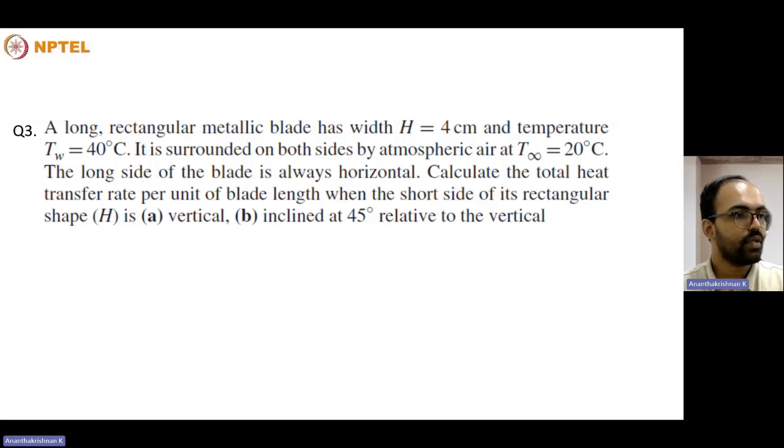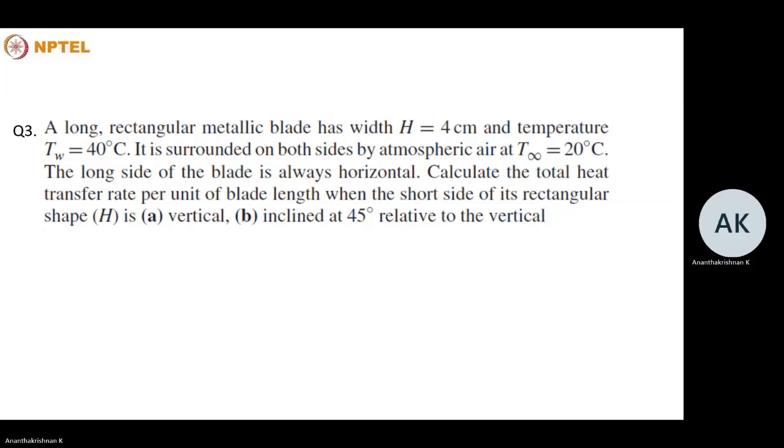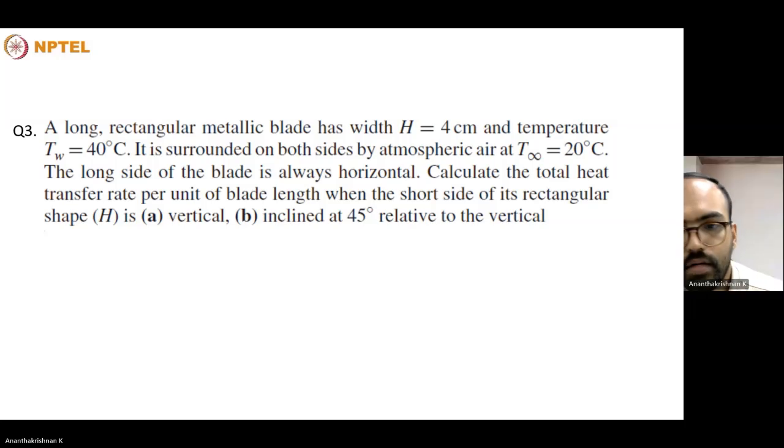The long side of the blade is always horizontal. Calculate the total heat transfer rate per unit of blade length when the short side of this rectangular shape h is (a) vertical and (b) inclined at 45 degrees relative to the vertical. Try to solve it, and I'll also try to solve it within a couple of minutes.